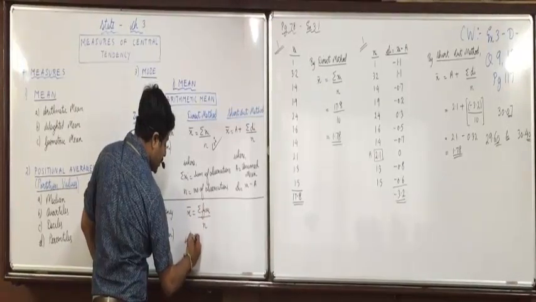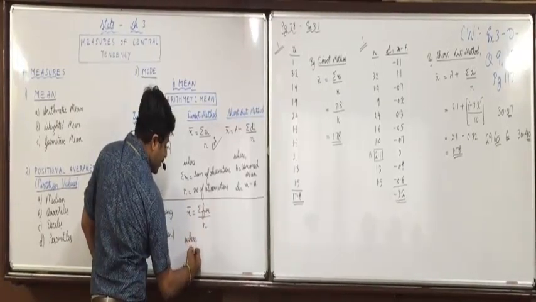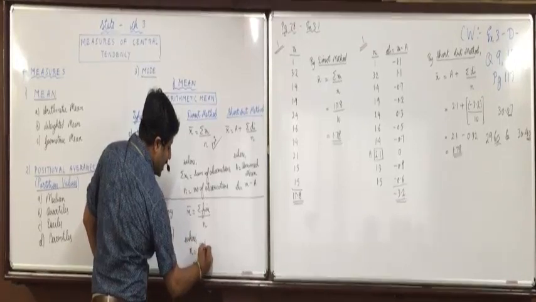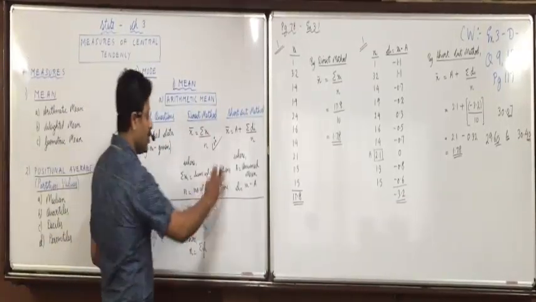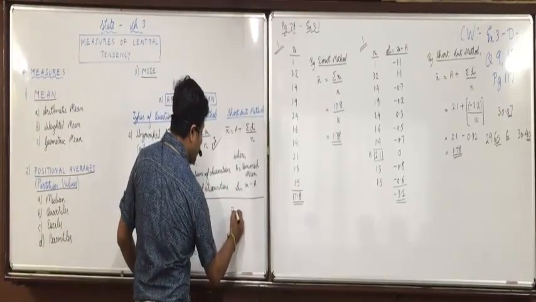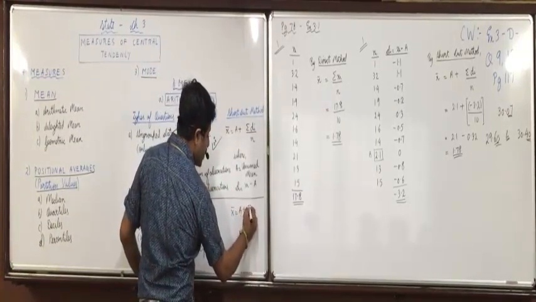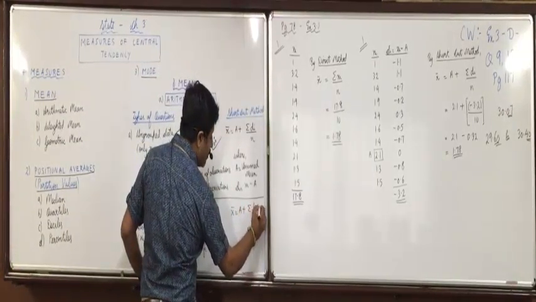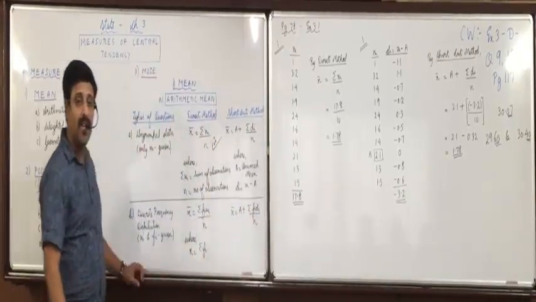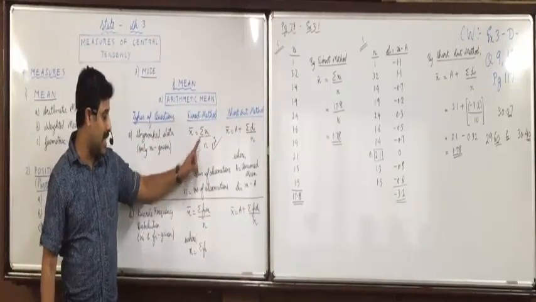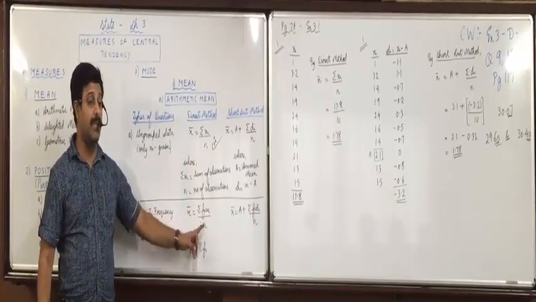And important thing here is n will be taken as sigma fi, total of frequency. And in the shortcut method, it will become a plus sigma fi di upon n, where again n would be the total of frequency.